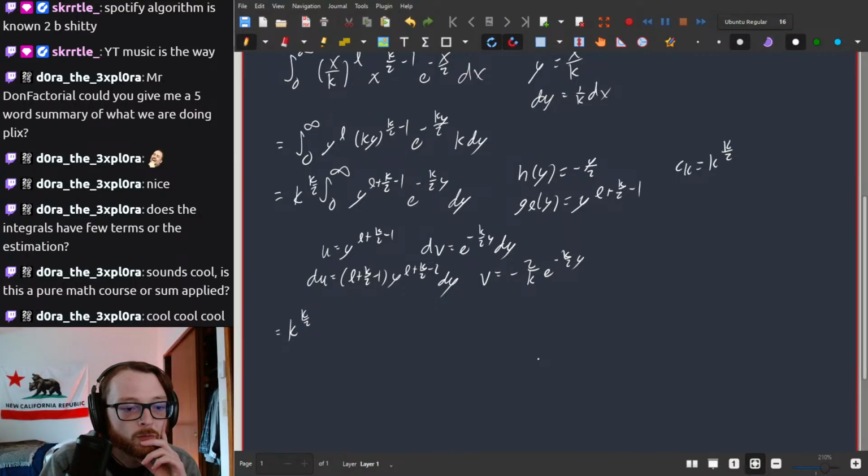Terrible writing. So we get minus 2 over k, y to the L plus k over 2 minus 1, e to the minus k over 2y, from 0 to epsilon.